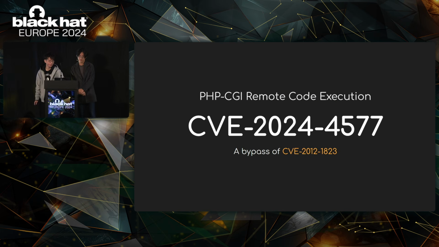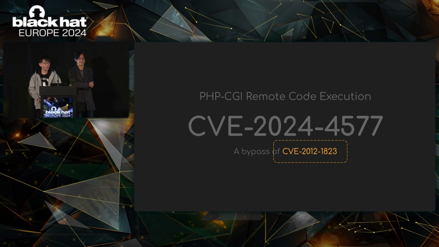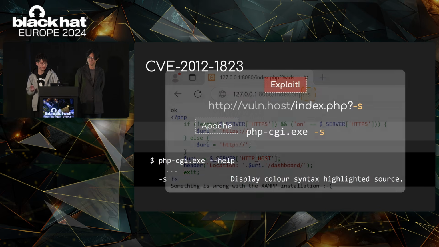Okay, thanks to Splitline. And although we told you that we hacked a bank in the beginning, in fact, the real story began from this CVE, a remote code execution on PHP CGI. As described, this is a bypass of an old vulnerability. The bug is quite simple. The design of PHP CGI is prone to argument injection.